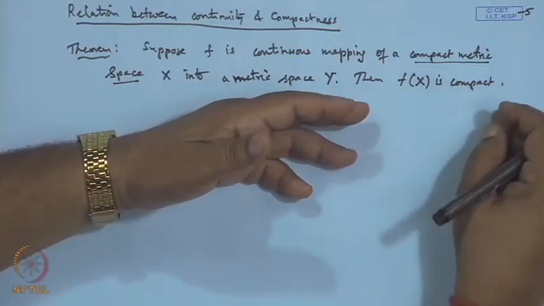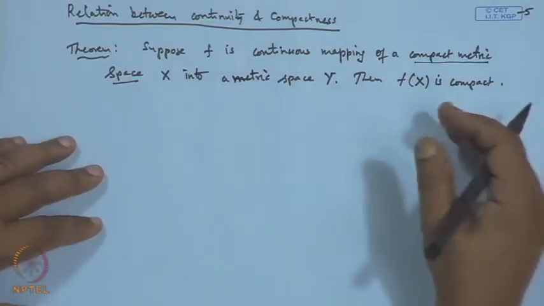So, closed and bounded will be compact, but if you take only a closed set and not bounded, the image may not be a closed set. We have seen various counterexamples.